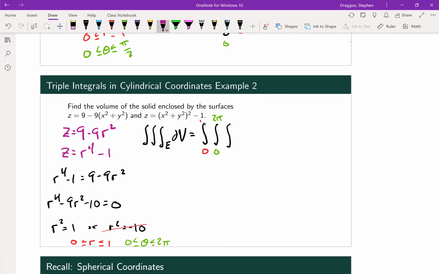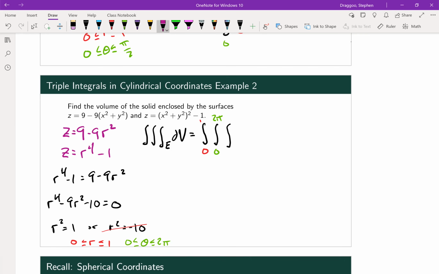So we'll need to decide which one is our top function and which is our bottom function. If we look at those two pieces, z equals 9 minus 9r squared, if we just look at the z-axis and how our function will move out from that point, we're starting up at 9, and then we have an r squared value that's going to open down.